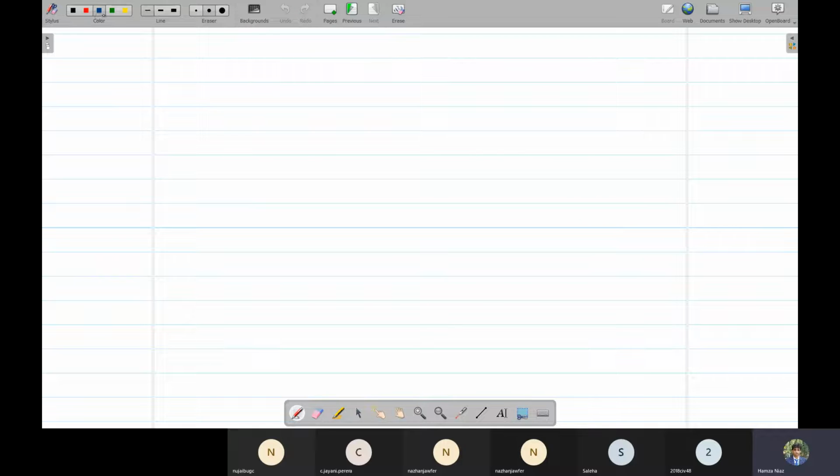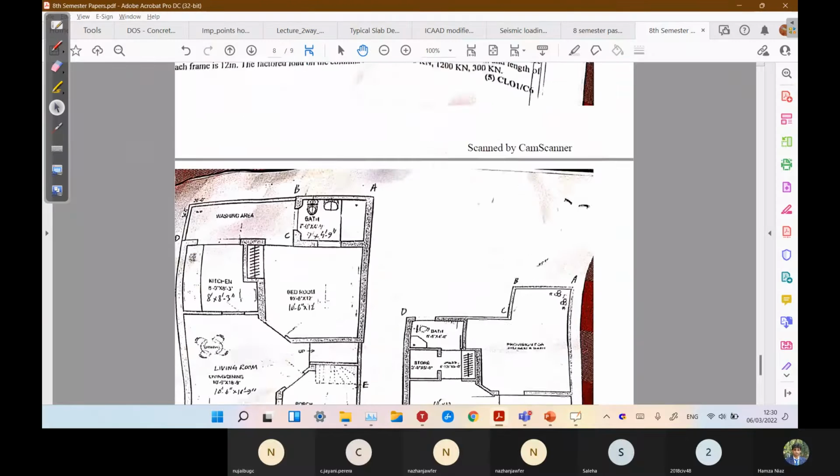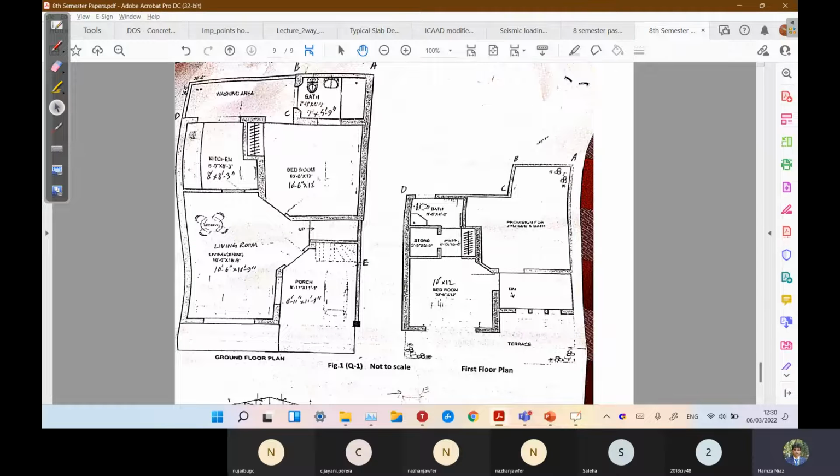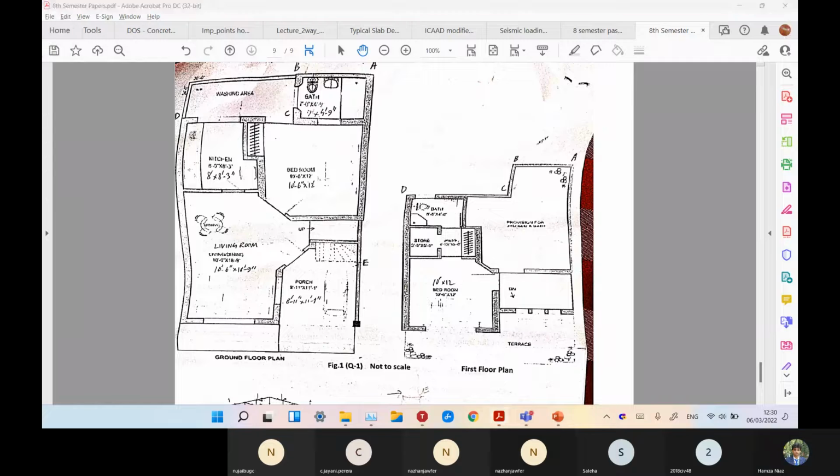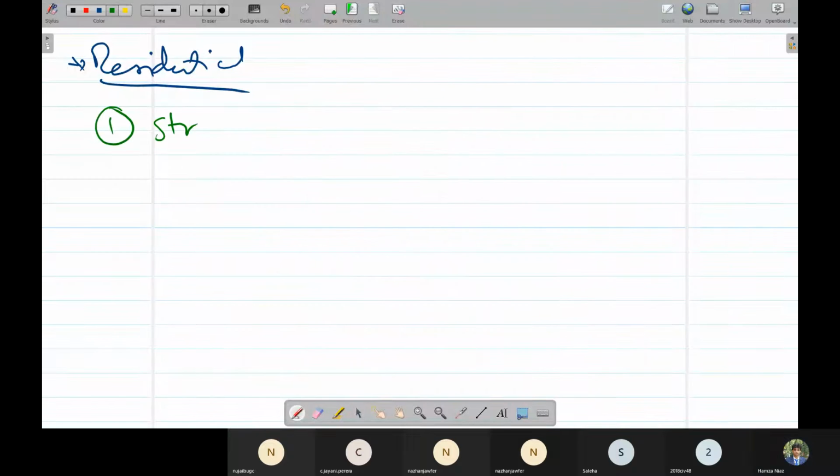So for the residential part, the first step we have to carry out is on the architectural plan that would be given. First thing we have to do is develop its structural scheme. We have to draw the structural scheme plan. Afterwards, we have to draw the framing plan.